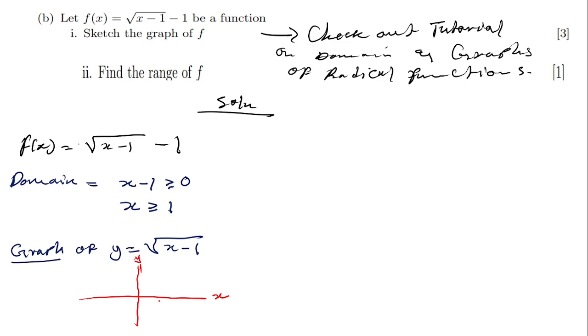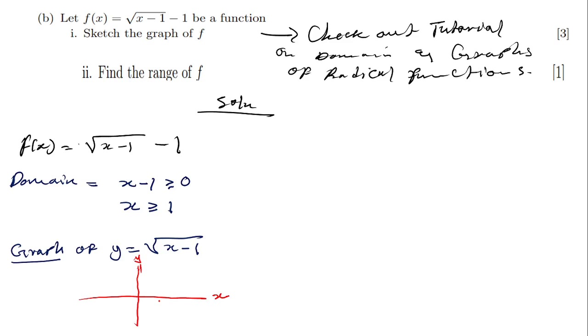It only produces positives, so it will go like that. So this is the graph of this guy there, but it's not the graph of the answer. This is the graph of that guy here.